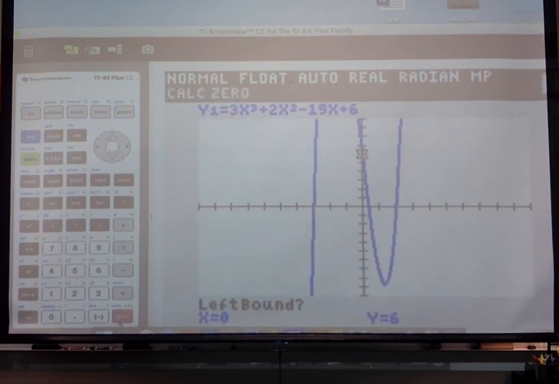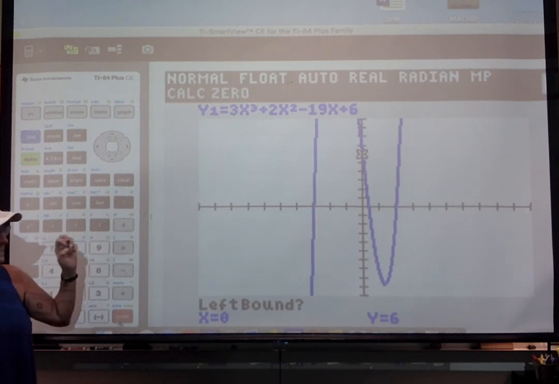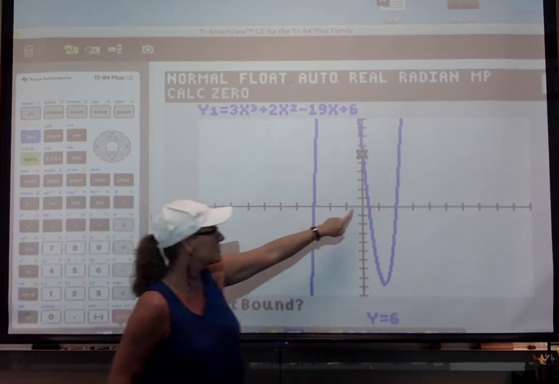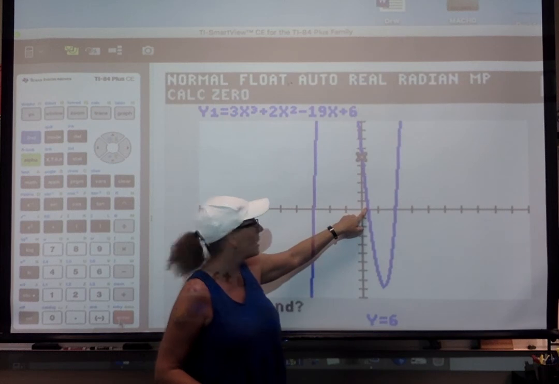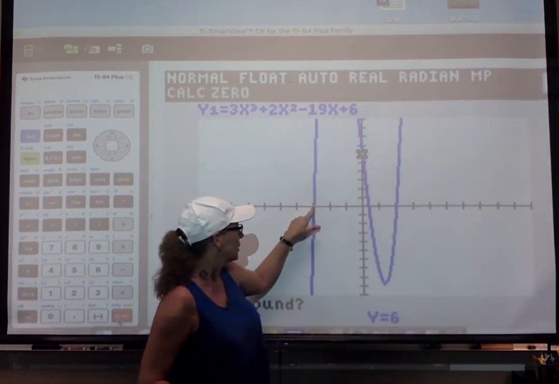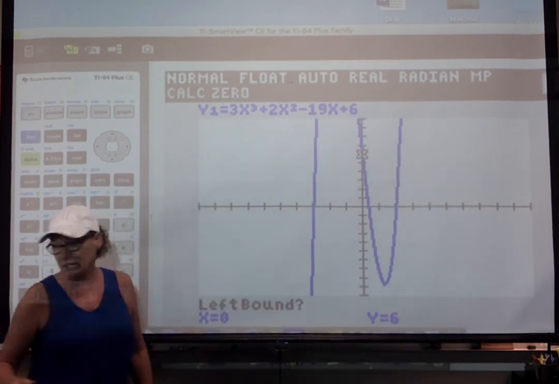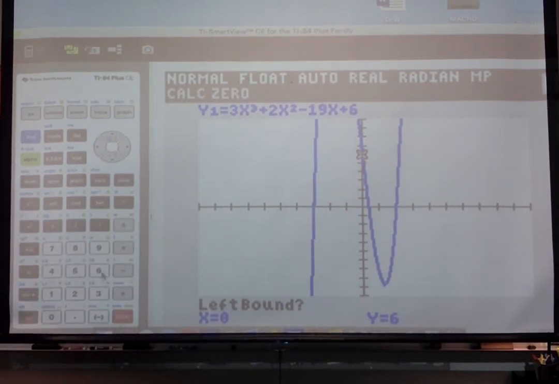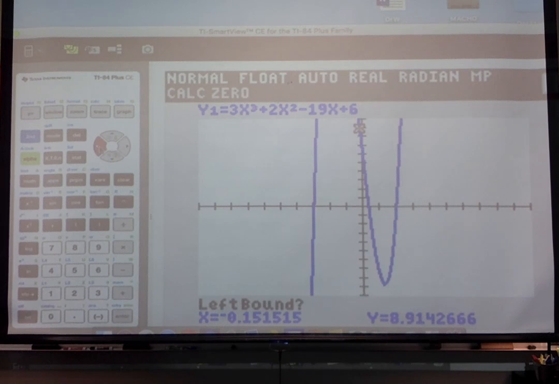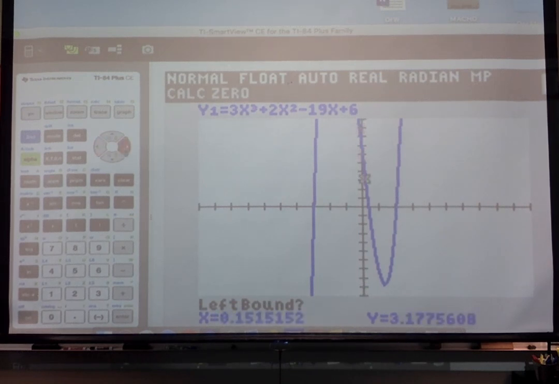Hit enter. Now, your cursor should be blinking somewhere. This is the one I want to check. I'm pretty confident I know what this one is. I think I just want to check. So if I move my cursor to the left or right, you can see where it goes.